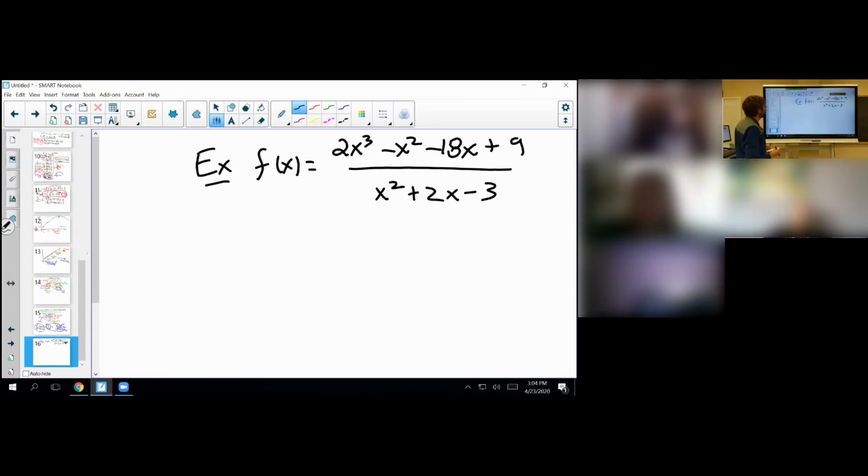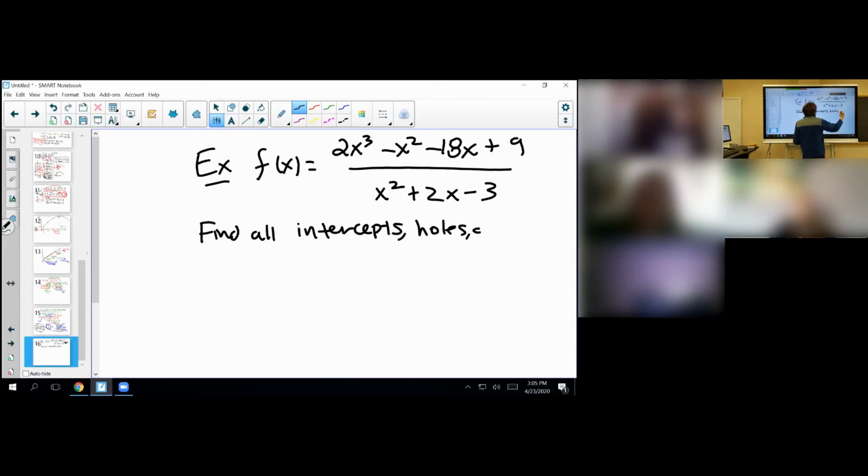What are we doing in this problem? I want to find all intercepts, holes, and asymptotes.